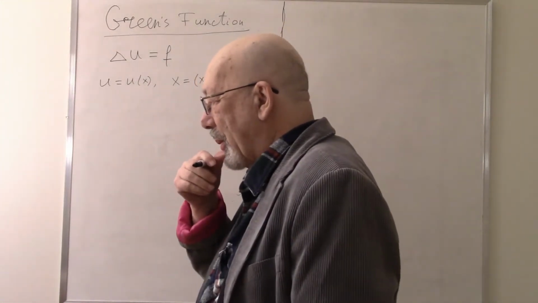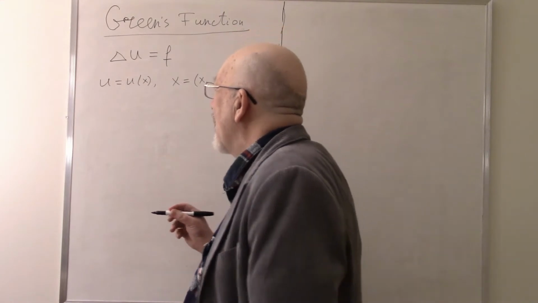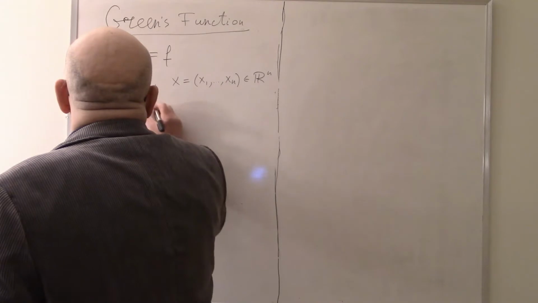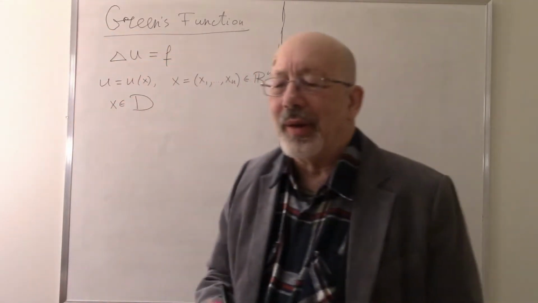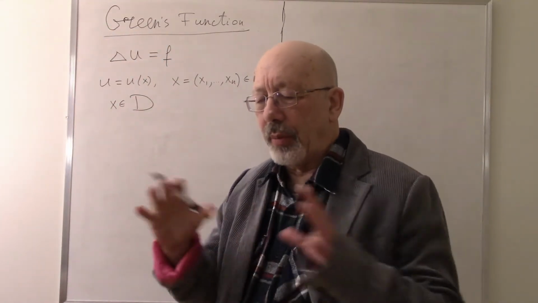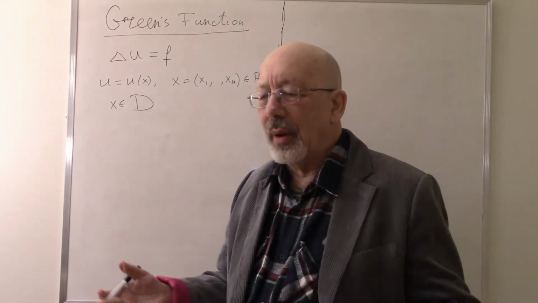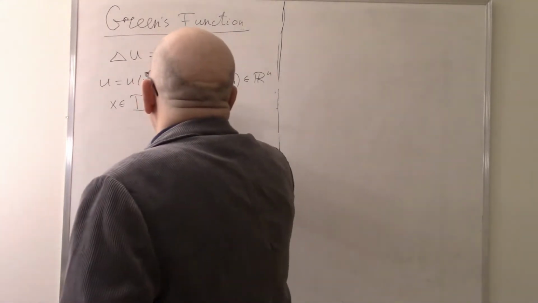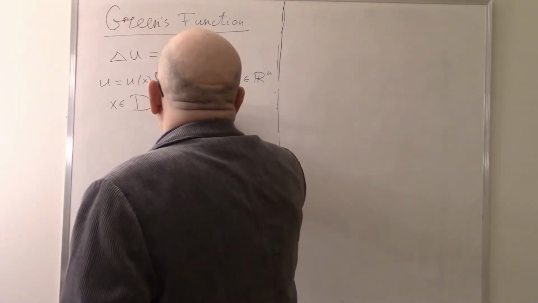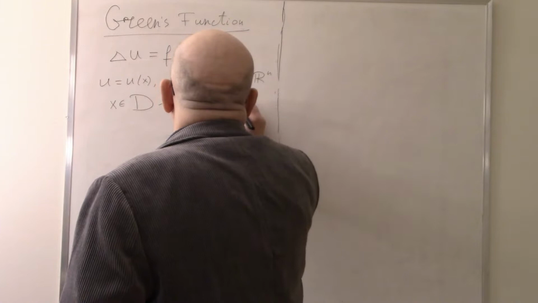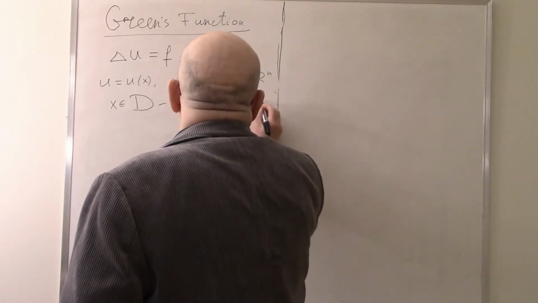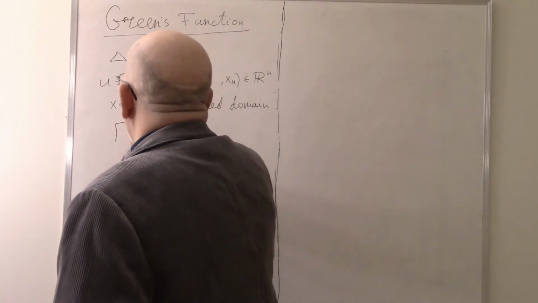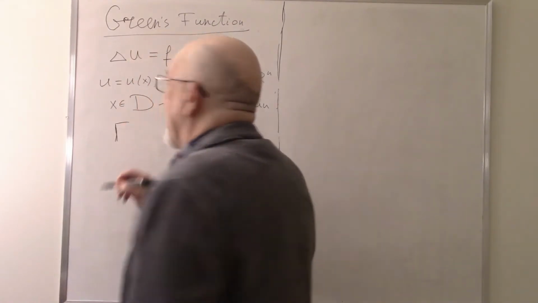Much more interesting and deeper theory is if we are in a bounded domain D. It can be a ball, a cube, whatever, but it should be bounded. And the boundary of D, let me denote it by Greek letter gamma.